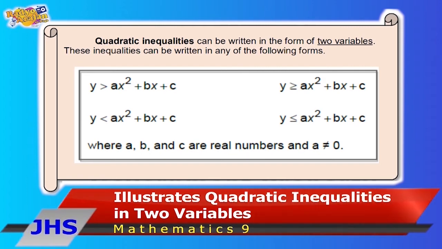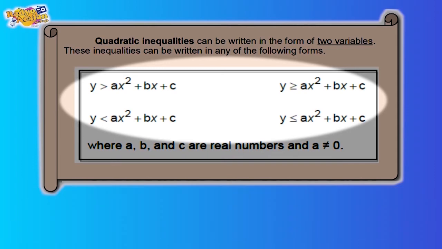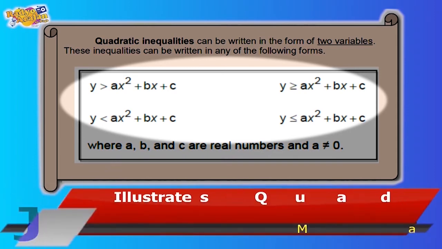Look at the quadratic inequalities. These can be written in the form of two variables.